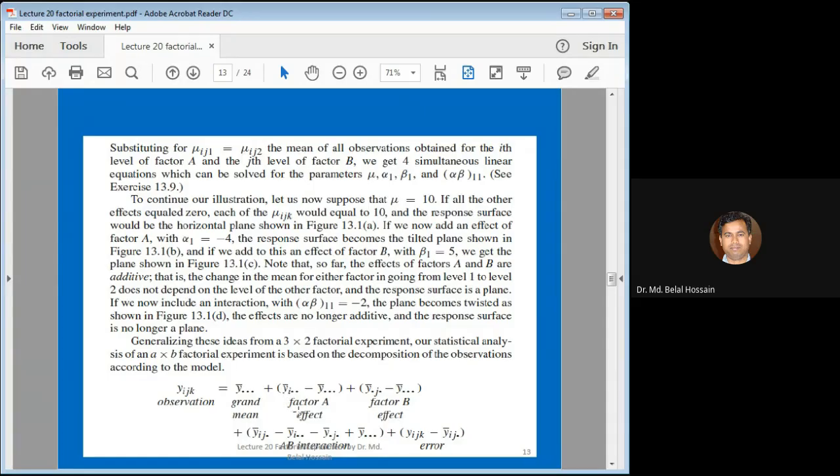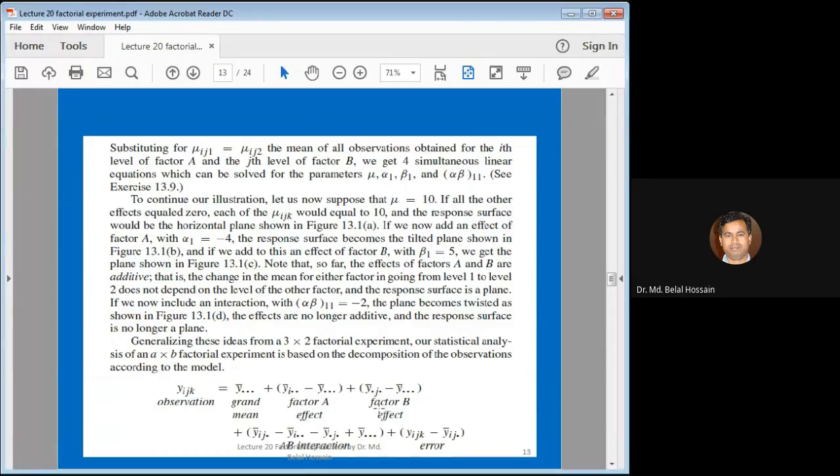Okay, so we have only factor A effect, summing over the j and k suffix, so y bar i dot dot. Okay, so this is the factor A effect if you subtract that from the grand mean.